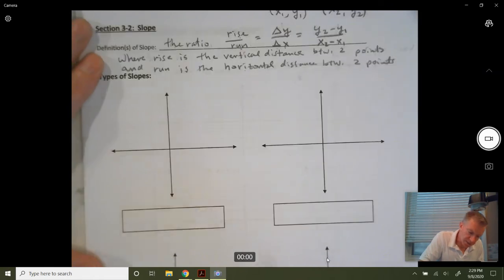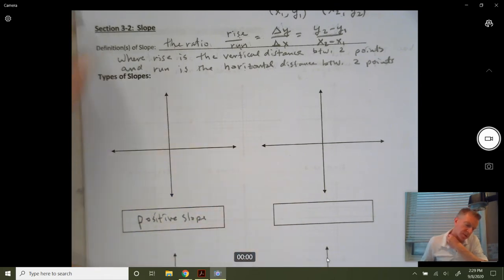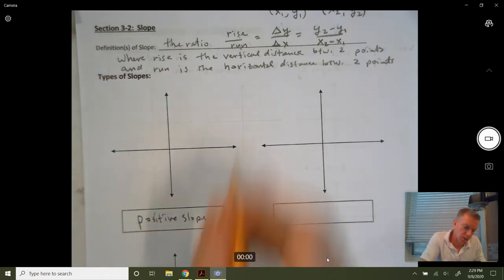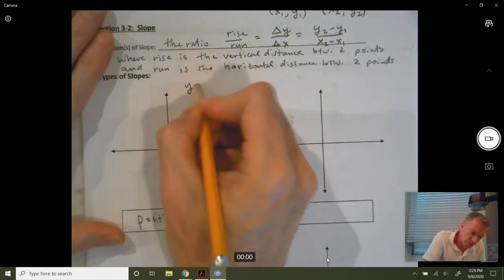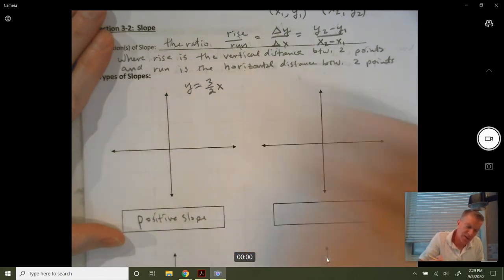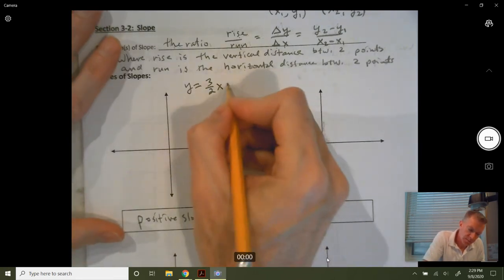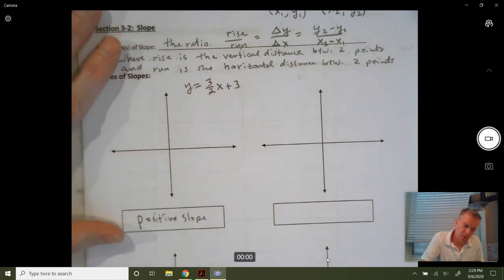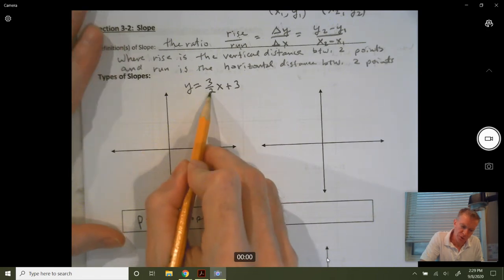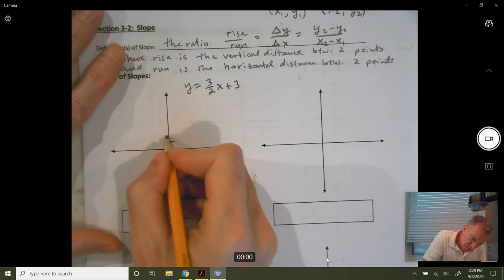You could have a positive slope. I'll give you an example. Let's say we have something like y equals 3/2 x, and let's say plus 3. Okay, your slope is up 3 over 2. Y-intercept is 3. So 1, 2, 3.